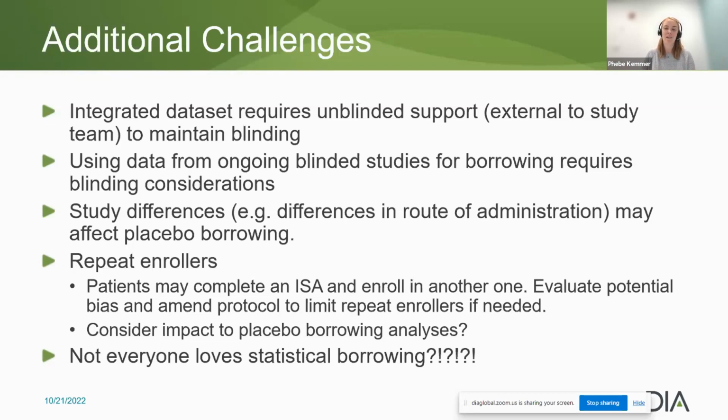So that can include data that we can be unblinded to, and also data that needs to remain blinded because of the ongoing study. So we do actually have an external unblinded statistical analysis team that helps us parse out the parts of the data that can be unblinded versus need to remain blinded. So that's just some extra steps that go along the way every time we do a data transfer.